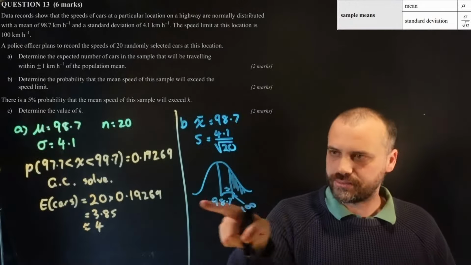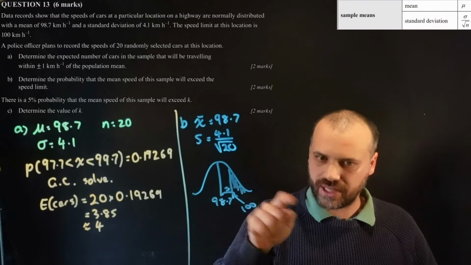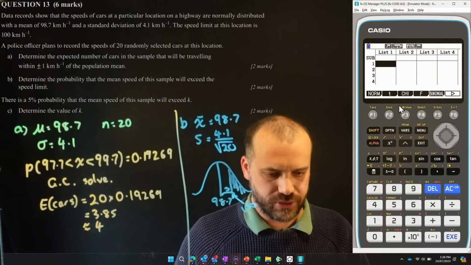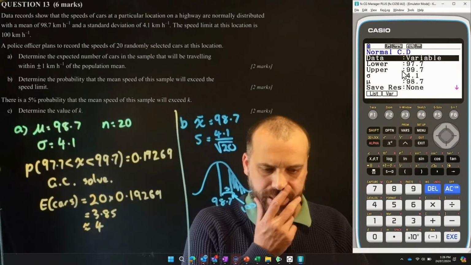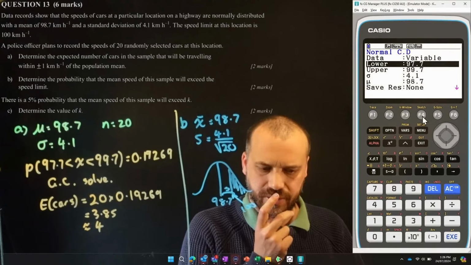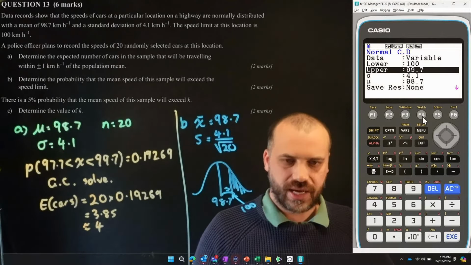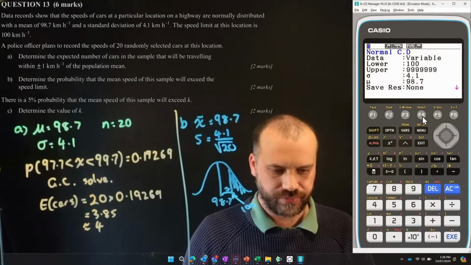So now we can type this into our calculator and calculate whatever that probability is. So here I am again, and I'm going back to normals, normal distributions. I'm going NCD, and what are we going to do here? We're going to have a lower of 100. We're going to have an upper, let's just put in a really big number, 99999.